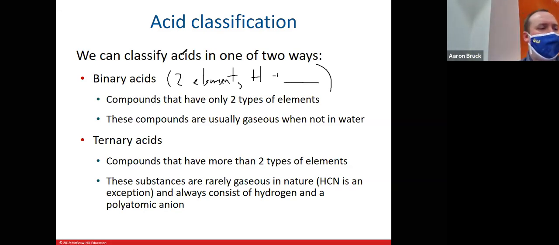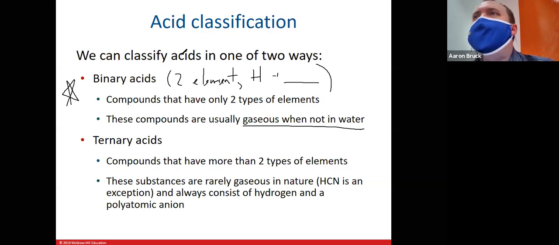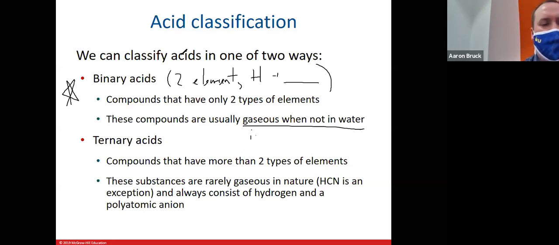Now, binary acids are a little bit tricky because these substances can actually exist outside of water. And when they exist outside of water, they actually are not classified as acids. We would name them as ionic compounds.